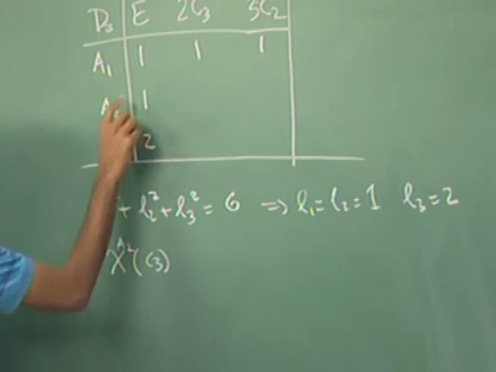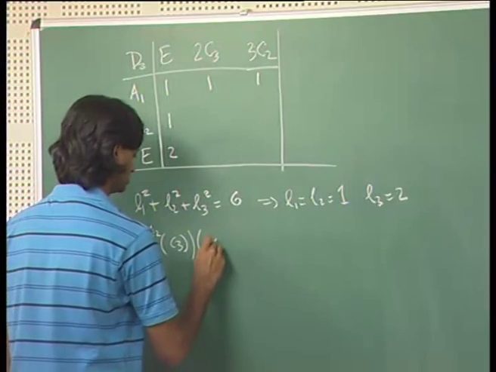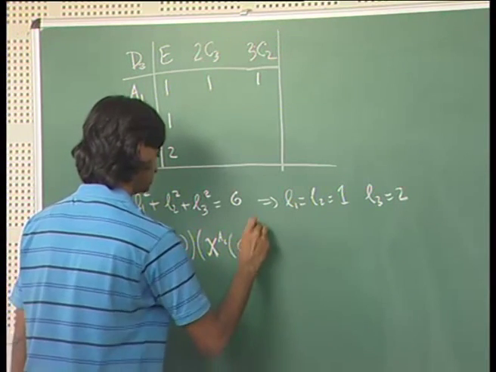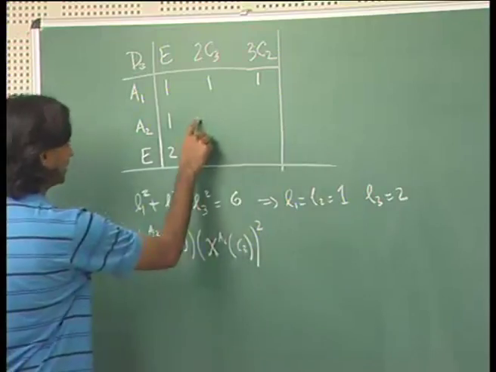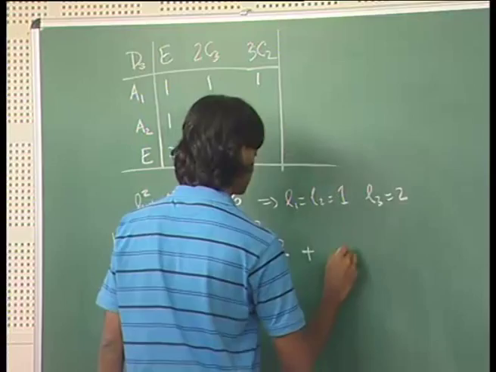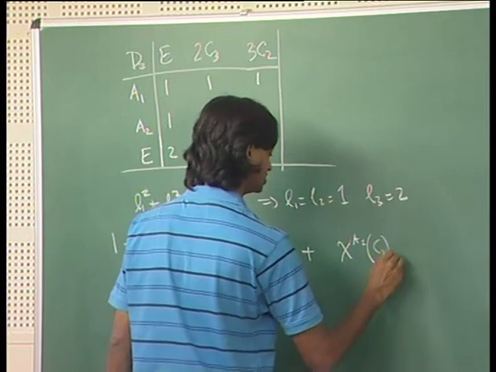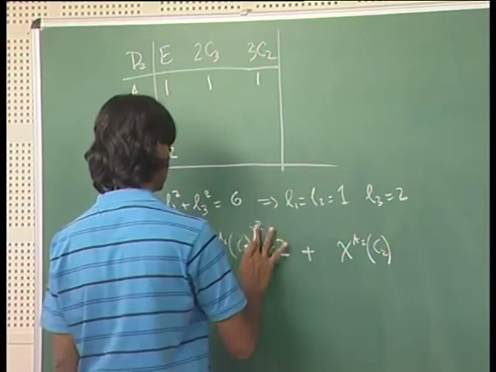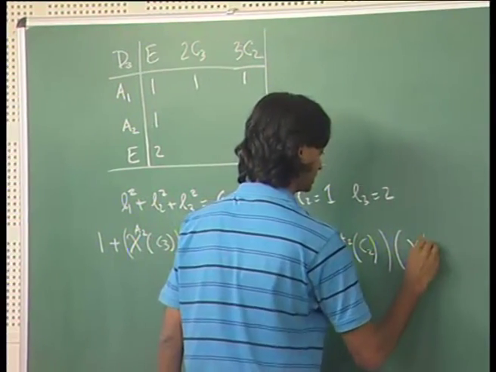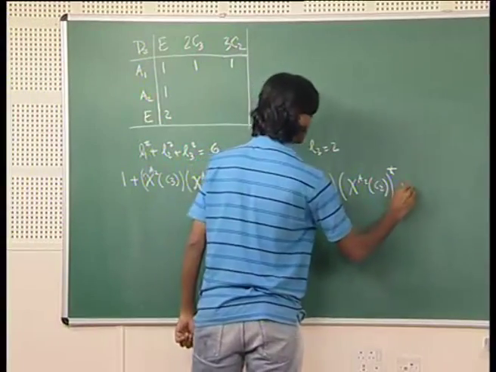So, then this will be 1 plus chi A2 of C3 times chi A2 of C3 square, and there will be 2 of these, so into 2, plus chi A2 of C2 into chi A2 of C2 star, and this should be multiplied by 3.